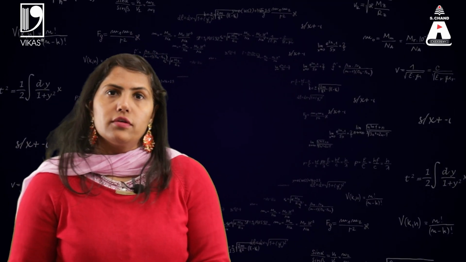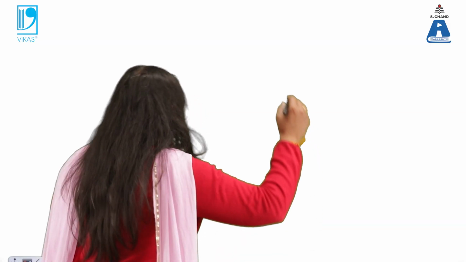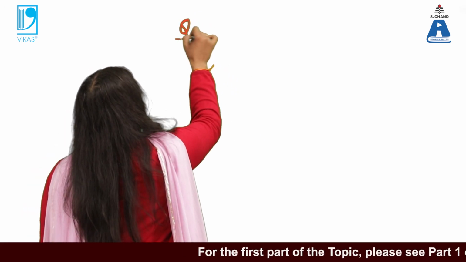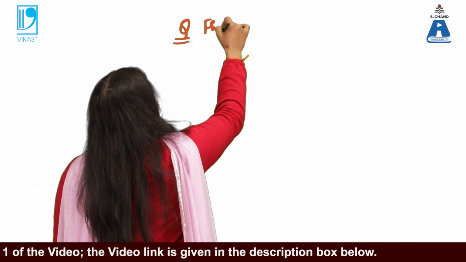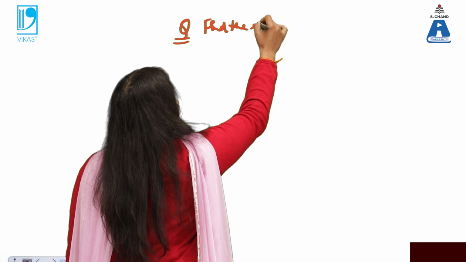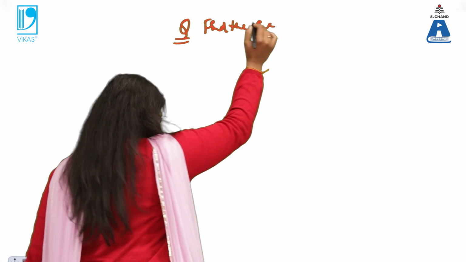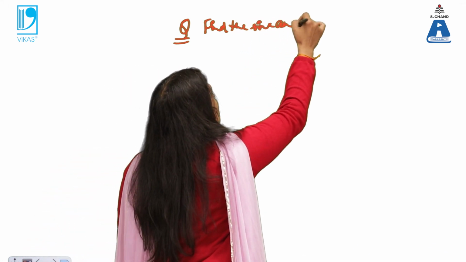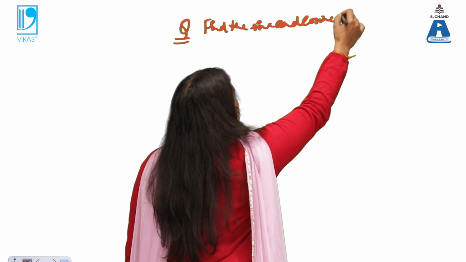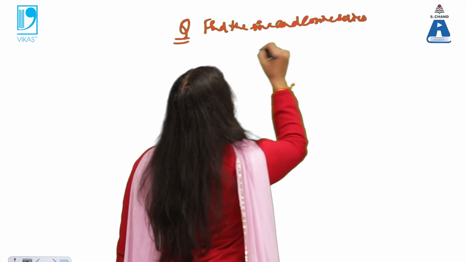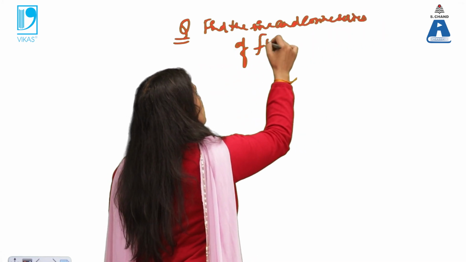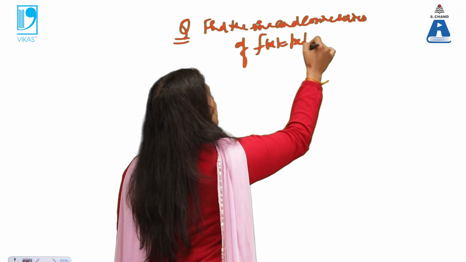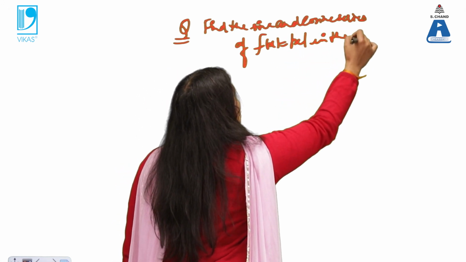So let's take up one example. Find the sine and cosine series of f(x) = |x| in the interval.